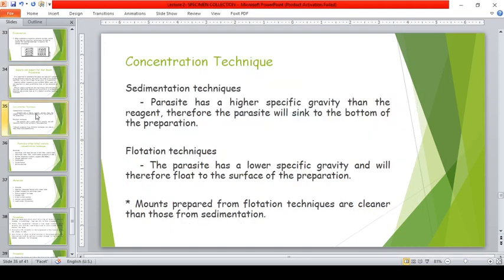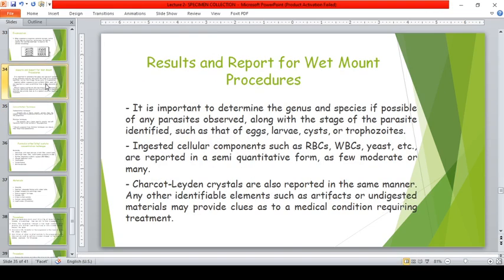Okay, good. In direct saline, you have to observe the motility of trophozoites. It is not enough to see that there is a trophozoite, you also have to observe its motility.